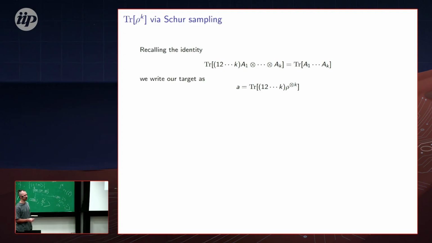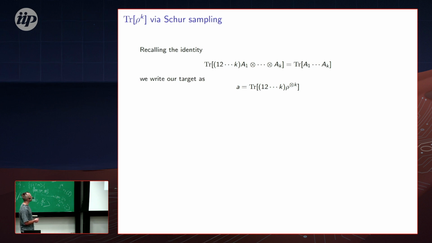We know that one. This is just a generalization to k-body things, okay? So if you implement a cyclic shift, you can turn tensor products into products, essentially.